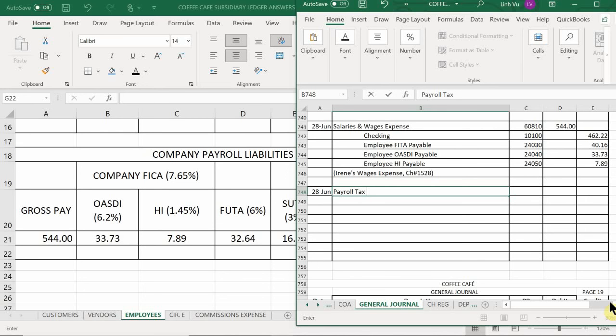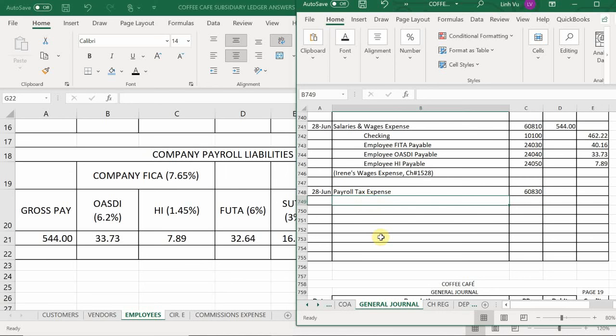Yes, that is 100% correct: federal unemployment tax, state unemployment tax. So there you go, payroll tax expense, which is 630.